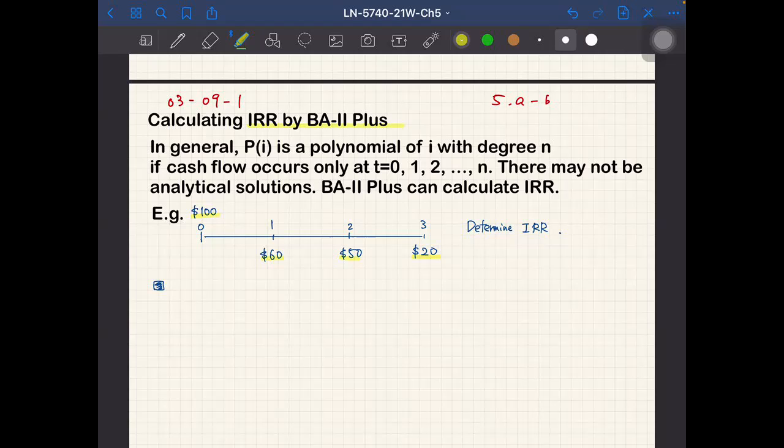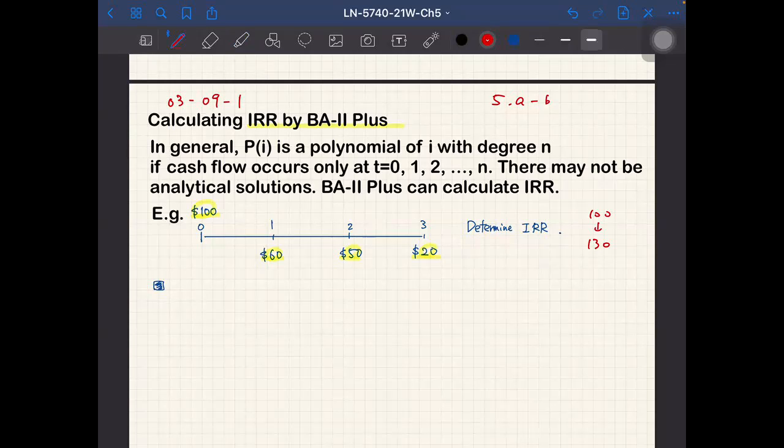It's always good to guess what's the answer. So we have $100 cash inflow here, and cash outflow is 60 plus 50 plus 20. So that means 130 in total, and it's over 3 years. So the 100 becomes 130 over 3 years, maybe on average 2 years.